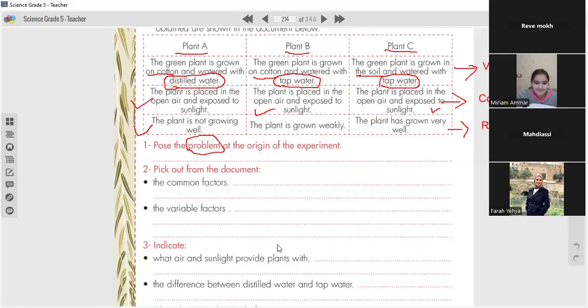Does this question talk about the carbon dioxide, the sunlight, the temperature? Or is it only focusing on the mineral salts? Just focusing on the mineral salts. Exactly. So from this sentence we can know how to do a problem. Can you change this sentence into a question to pose it as a problem?